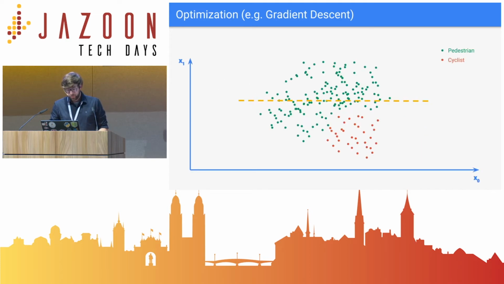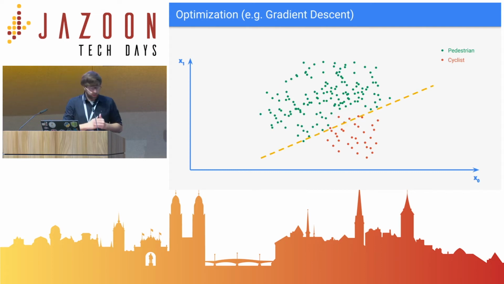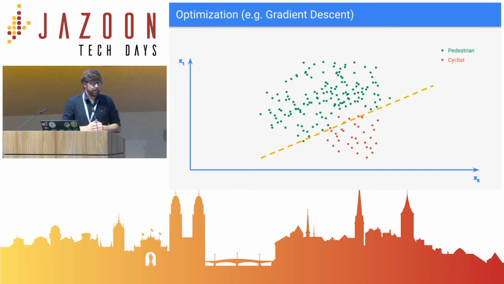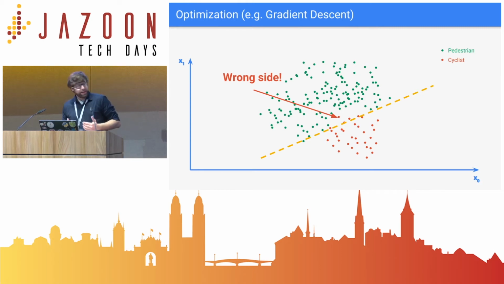By updating the weights, we always shift the line closer to where you might think it should be, so that it minimizes the wrongly classified samples. And now we see it's good, but there are still a few that are on the wrong side.